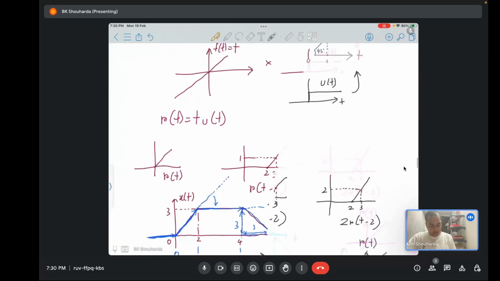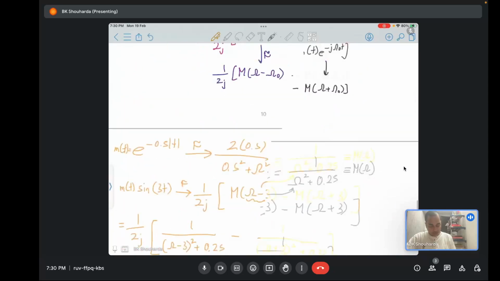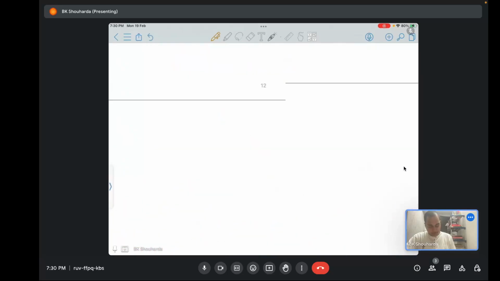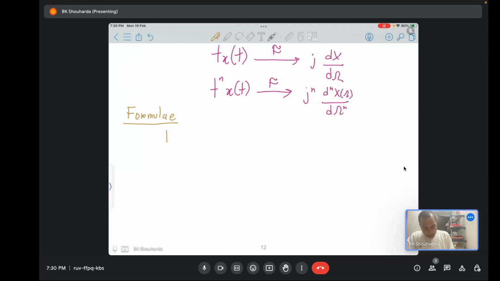In this one the only new thing that we used was d n x(t) by dt to the power n is (j omega) to the n X(omega), and t to the power n x(t) gives j to the power n, then the derivative.